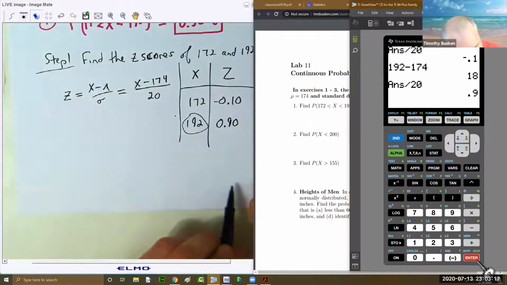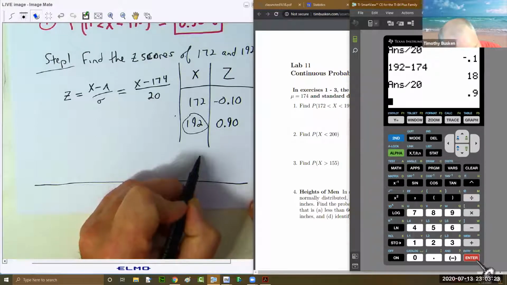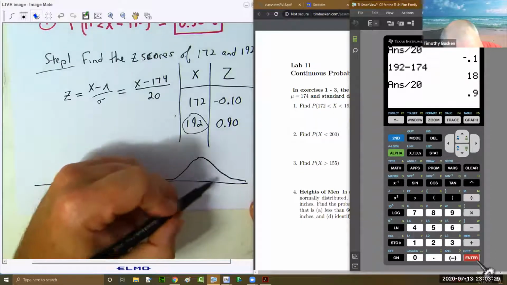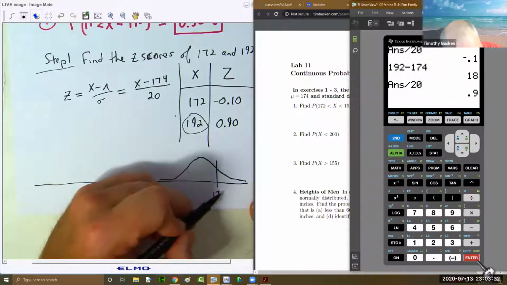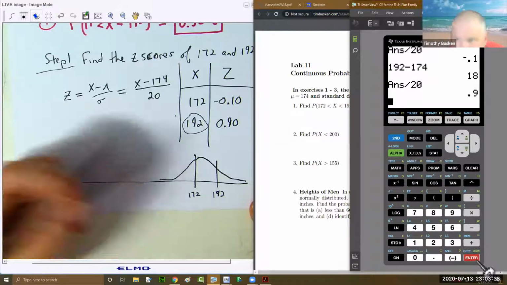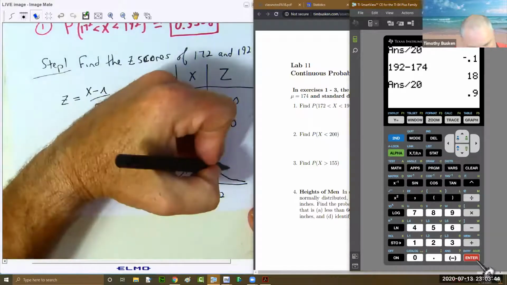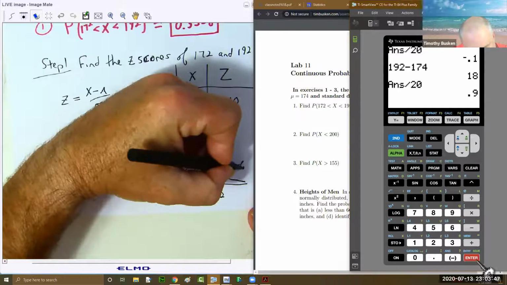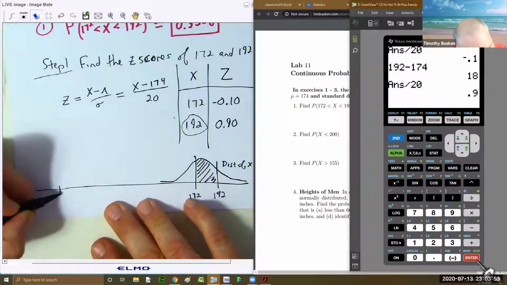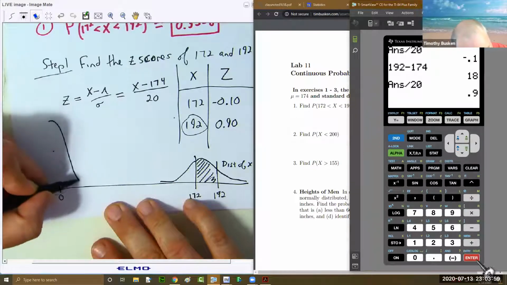I'm going to draw 2 pictures, maybe to help motivate this. So we know we're looking for this area along the distribution of X. And what the theory tells us, believe it or not, way over here at the origin, there's another graph called the standard normal distribution.